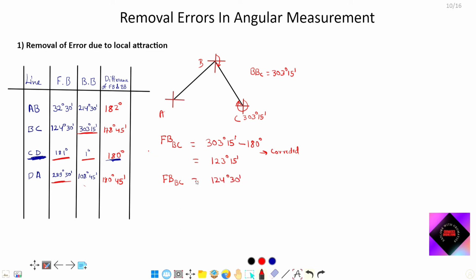So with the help of these two readings, measured and actual, we will get the error at station B.